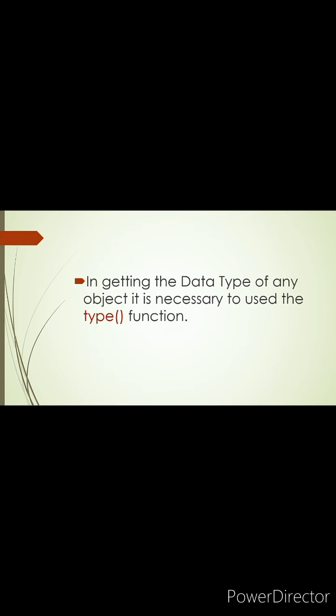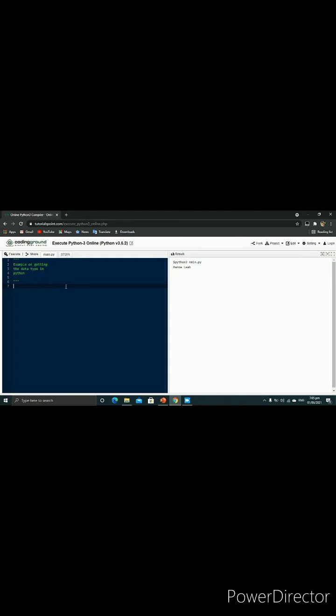To get the data type of any object, it is necessary to use the type open and close parenthesis function. Example of getting the data type in Python. So the variable name has the assigned value of one tamad.